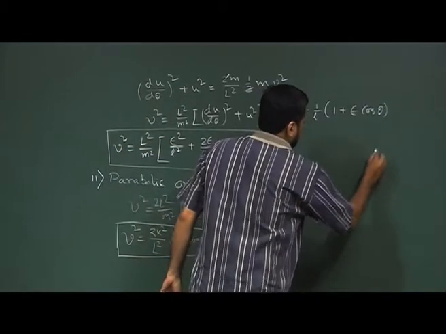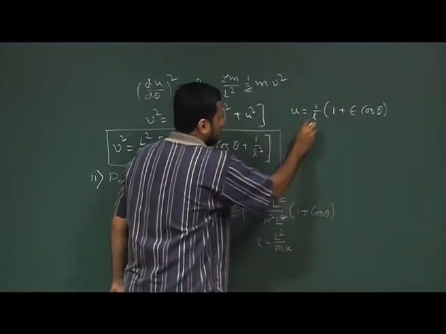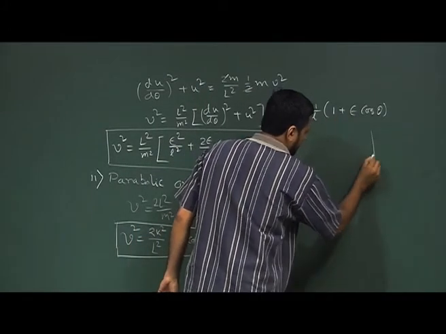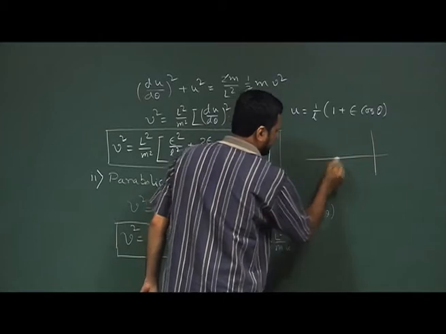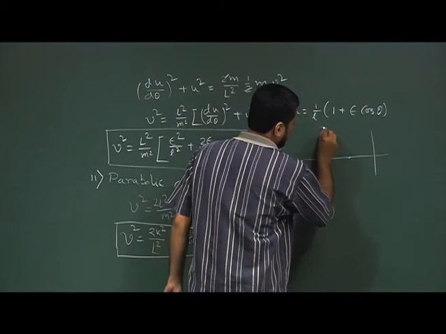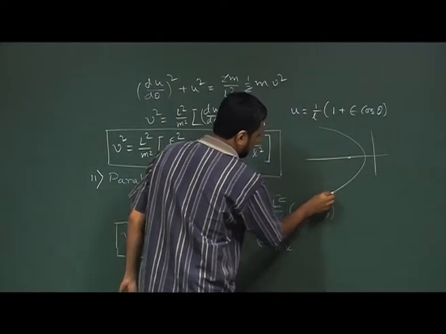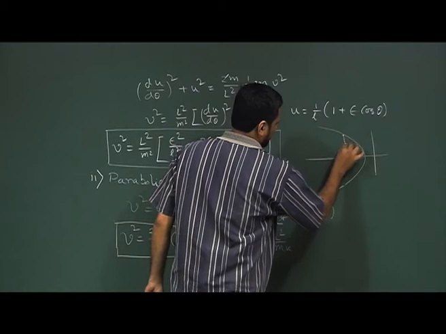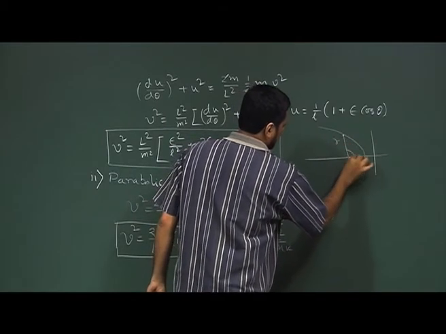If the equation is L by r equal to 1 plus epsilon cos theta, as I have discussed already, this will be your focus, and your parabola will be something like this. For any point, this is your r and this is your theta.